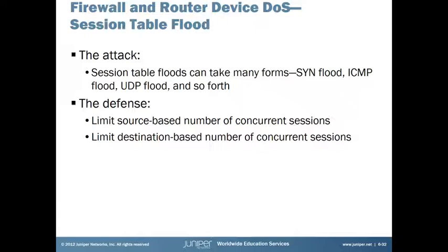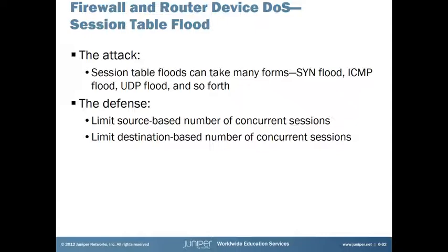What we're saying is that if we've got a session from this address to that address, how many of those are we going to allow in our session table? What would be a normal amount of connections from a single point to another single point? So from this address to another address, how many sessions would we normally have?